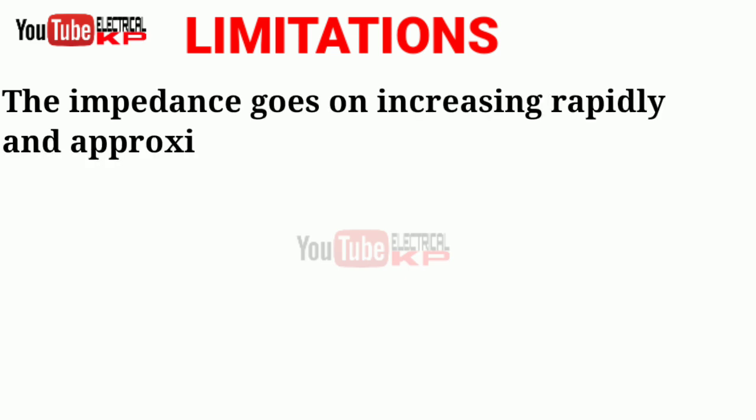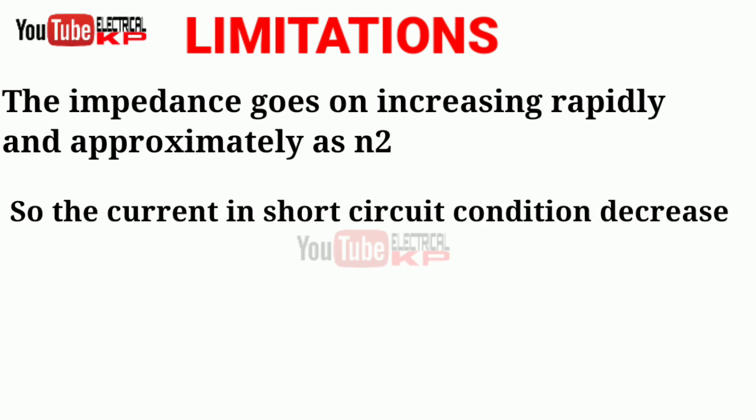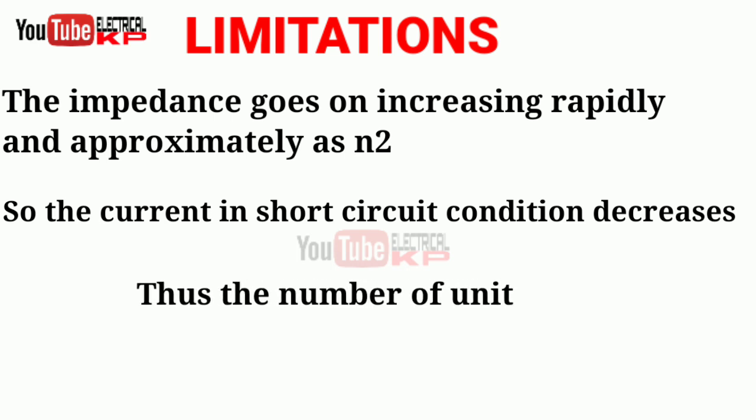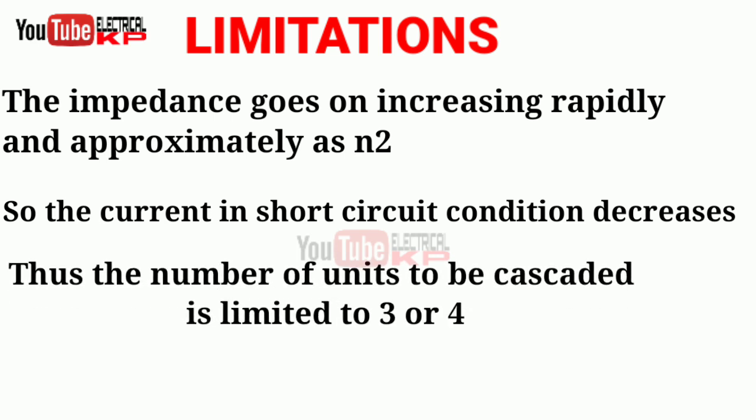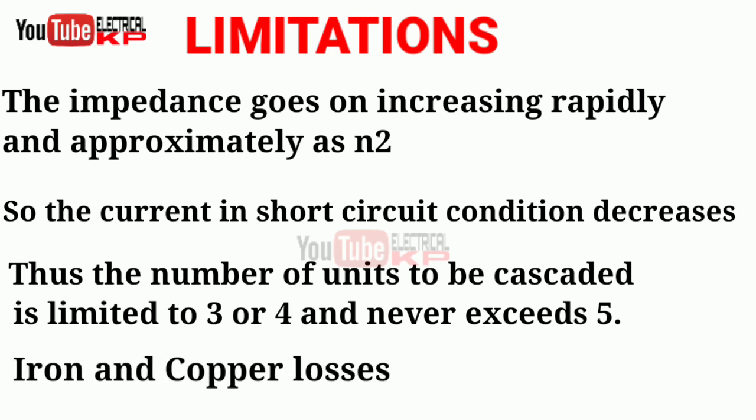Or suppose there are 9 stages, then it will be n square, which means 81. So as the impedance increases in square form, the short circuit current will also decrease. That's why the cascaded condition is limited to 3 or 4 stages, not above 5 stages.